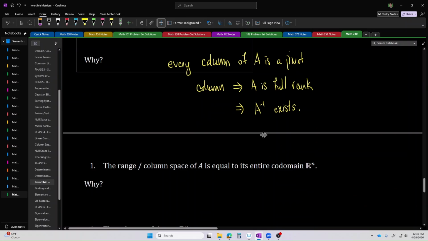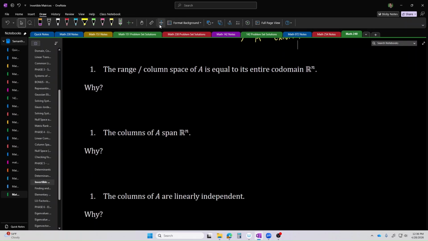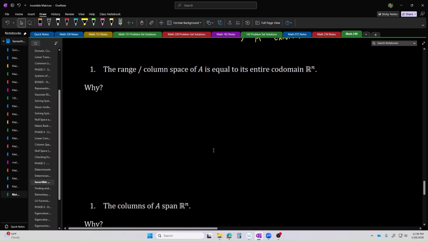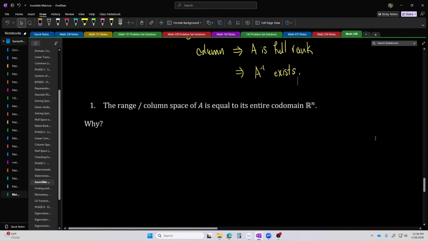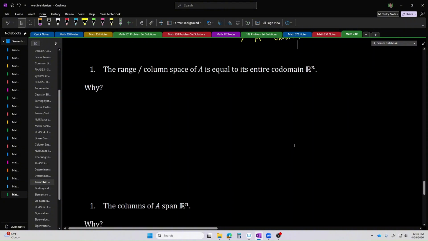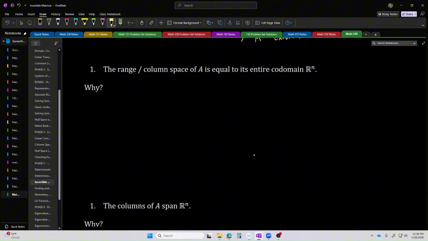Yet another way to understand this is through the lens of range and column space. If the range and the column space of A is the same thing as the codomain of A, then we can also conclude that A is invertible. The explanation for this property is that when we're talking about invertible matrices, we're only talking about matrices that are square.